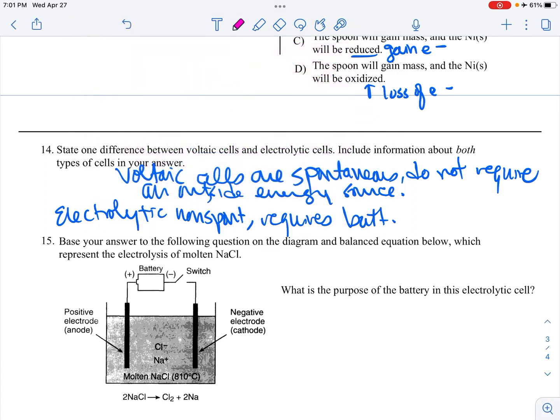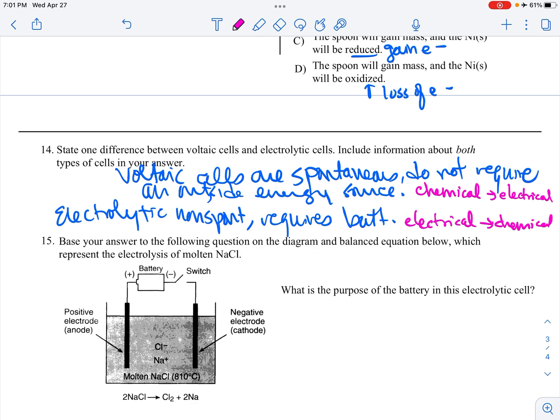You could instead say voltaic cells produce chemical energy, and the chemical energy from the voltaic cell produces electrical energy. I guess I shouldn't really say produces, it should be transforms into electrical energy. Electrolytic cells require the battery, so electrical energy converts to chemical energy.